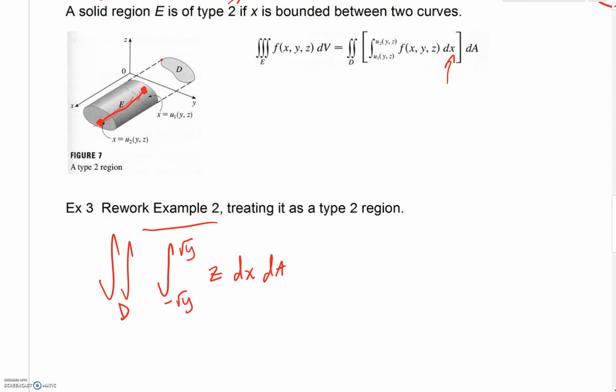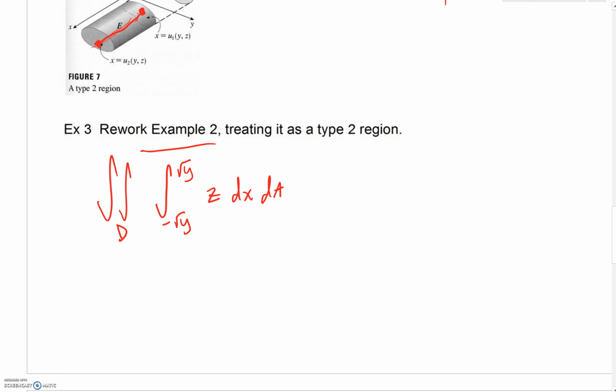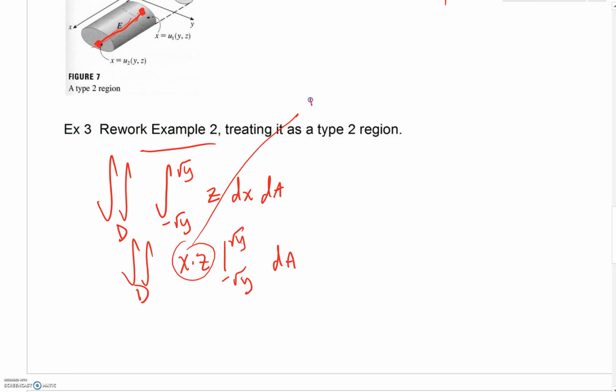integral over. Well, it won't take you too long to see right here that your antiderivative would be x times z, and we'll be integrating from negative radical y up to positive radical y. And as we work that out with the fundamental theorem, you could see we could pull our z out.